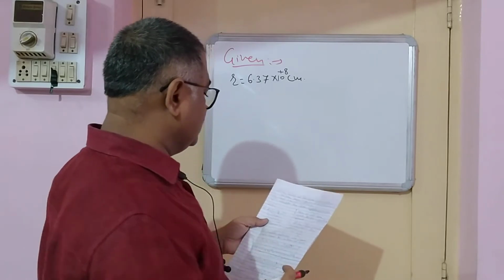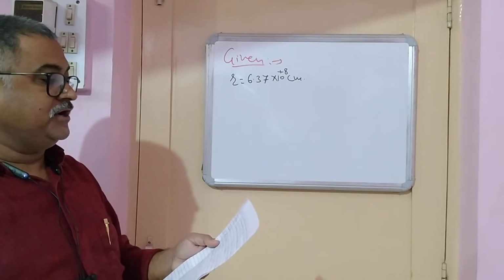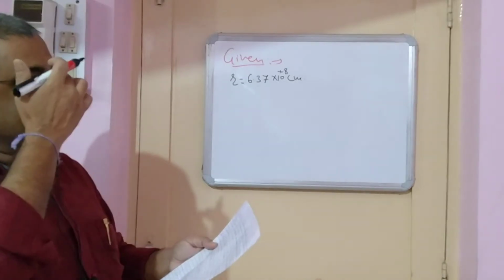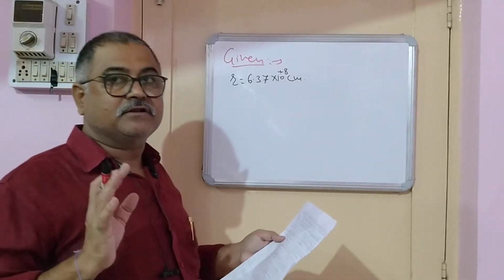It says its mean density is 5.5 gram per cubic centimeter.